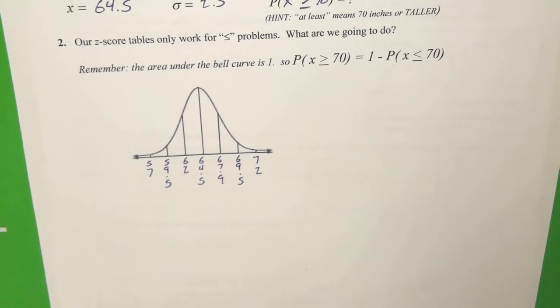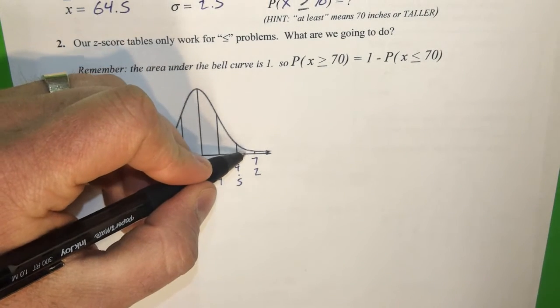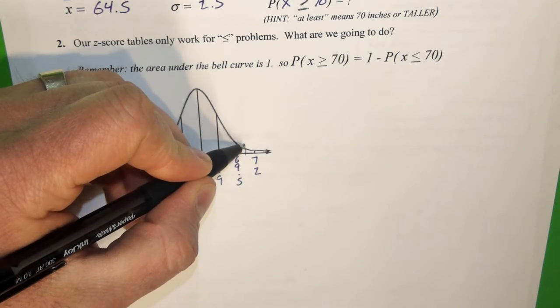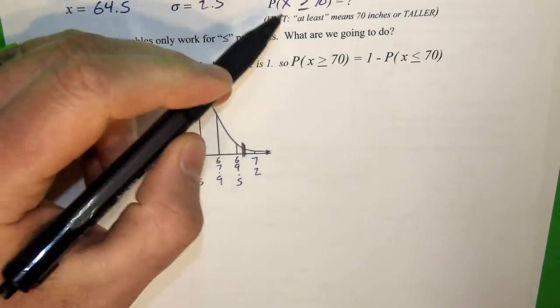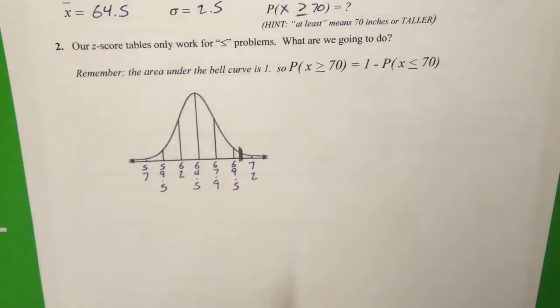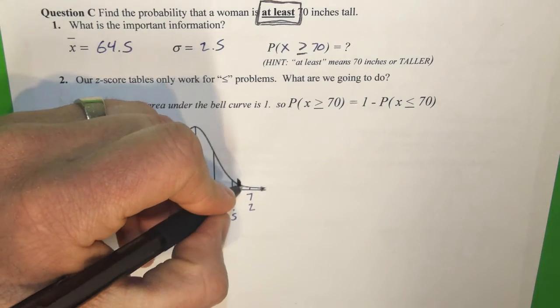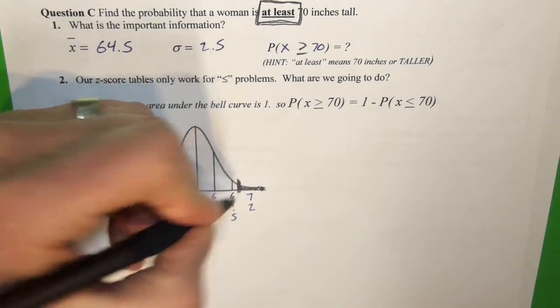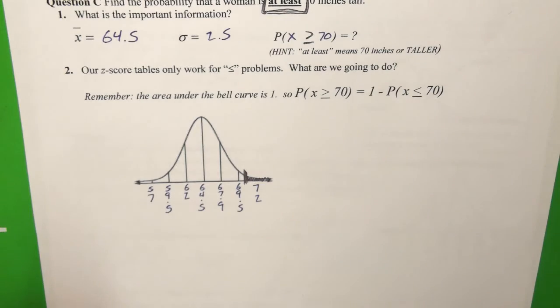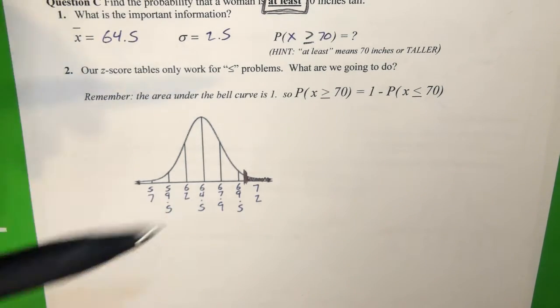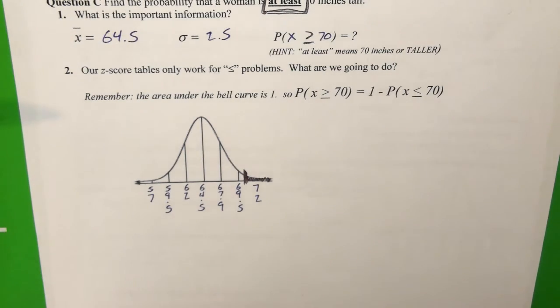If we were going to look on our bell curve, we would have to estimate where the 70 is because we don't have a good tick mark for it. And because we're talking about greater thans this time, we would be interested in all of these women over here. This should be a very small percentage of the population. We're only talking about the extremely tall women right now.